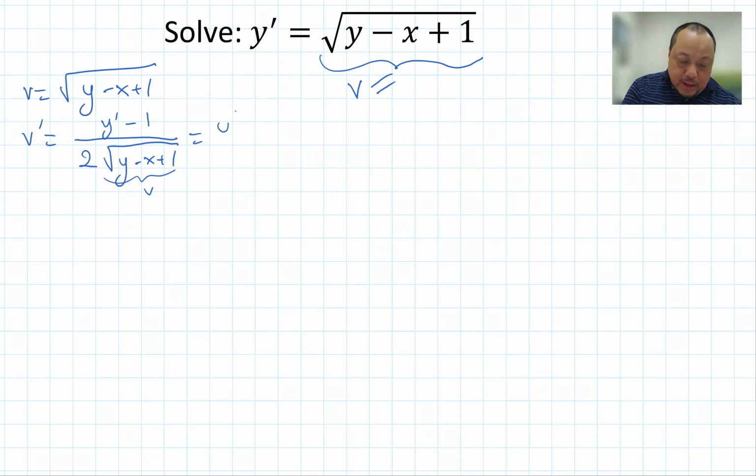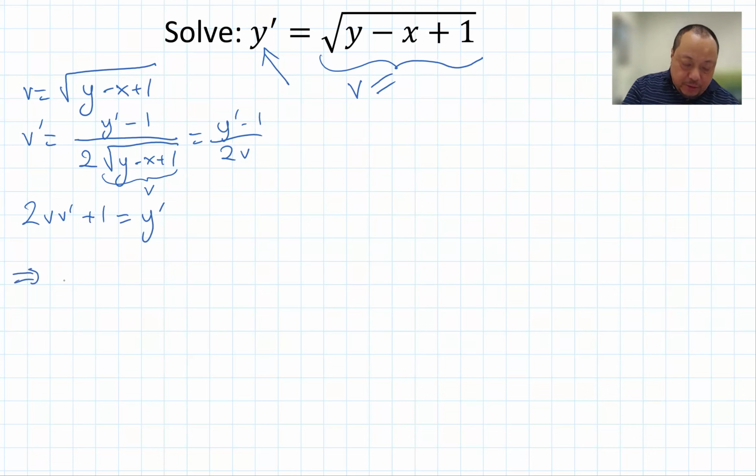So it's equal to y prime minus 1 over 2v. So I isolate y prime now because I want to get to this. 2v v prime is equal to y prime minus 1. And then I add 1 both sides. Then this is equal to y prime.